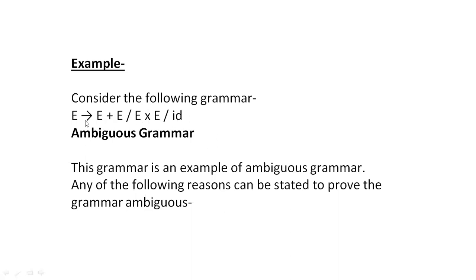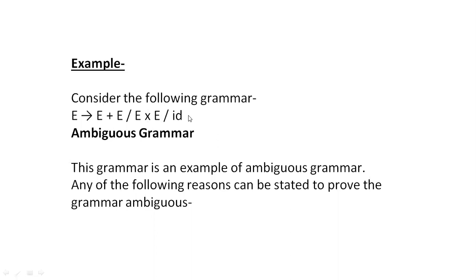How to check that ambiguity? See, if the variable E on the right hand side appears or is used more than one time, then that can be called an ambiguity. See, rule number 1 is having an ambiguity, rule number 2 is having an ambiguity, but while coming to rule number 3, rule number 3 does not consist of any ambiguity. Why?